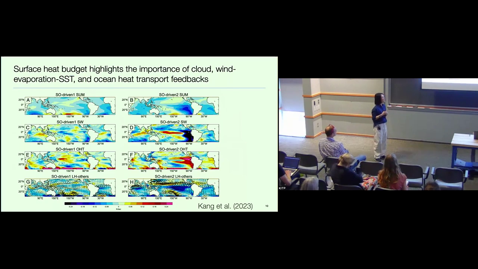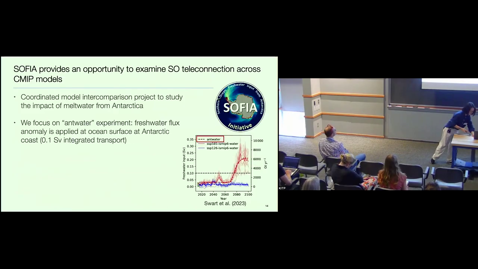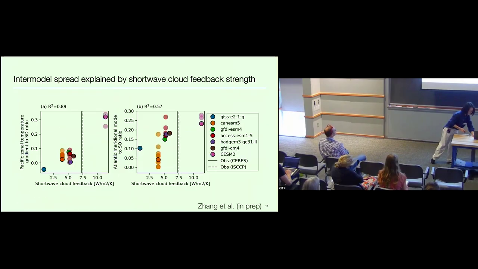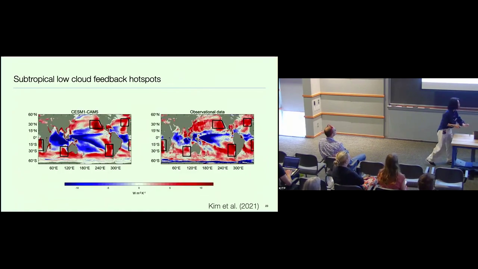But I'm really curious. I think I have a map. This is only CSM1, so I don't know how it looks in CSM2. But if you look at the cloud feedback computed for the globe, it's very strong in this region, which we think is really important for the teleconnection in the Pacific.